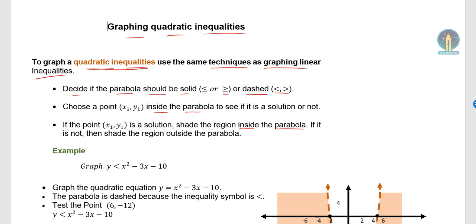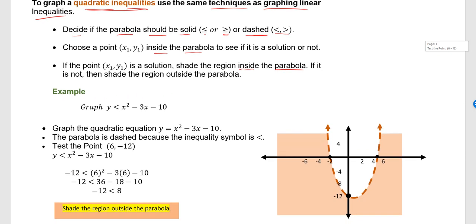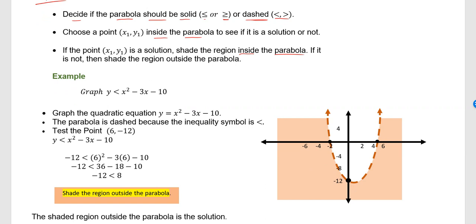If you choose the point outside the parabola and it gives you a false inequality expression, then shade the region inside the parabola. So basically you just test any point, whether inside or outside, and then depending on whether you get a true or false inequality result, you shade the appropriate region.